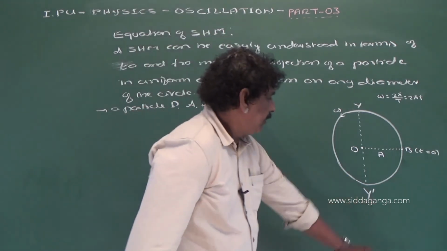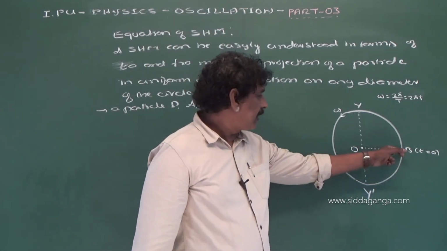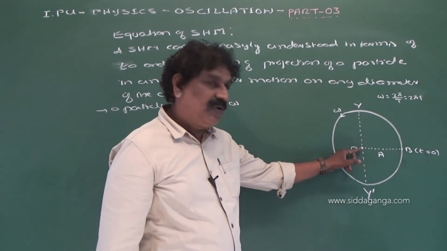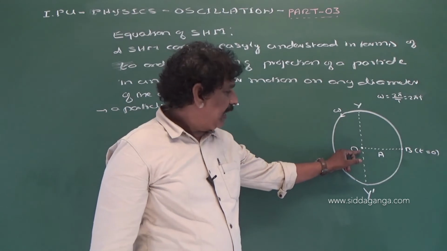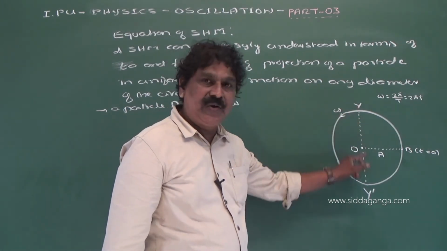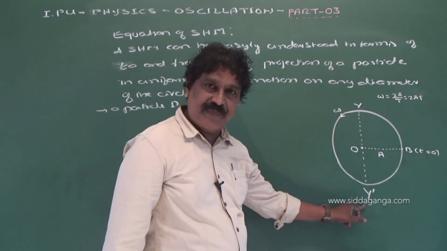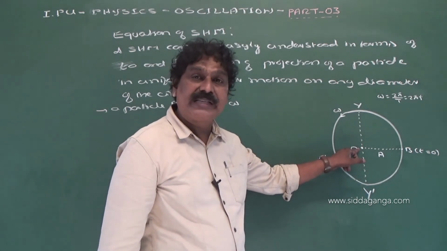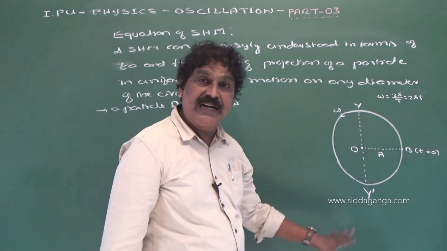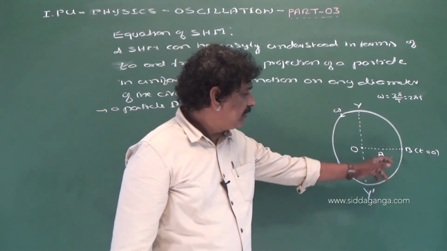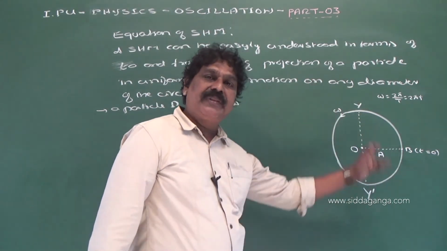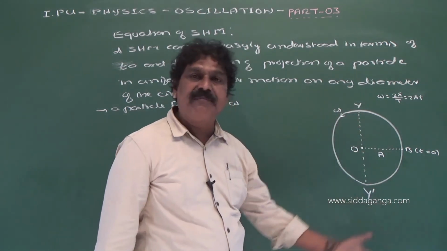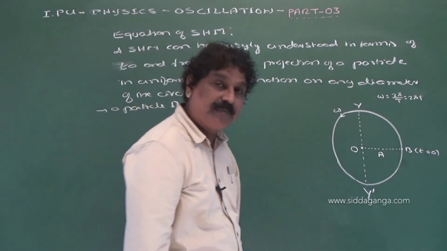Now, we know that as the particle moves along the circular path, the foot of the perpendicular executes to and fro motion about the position O or center of the circle along the diameter, right. That means simple harmonic motion can be analyzed in terms of circular motion.